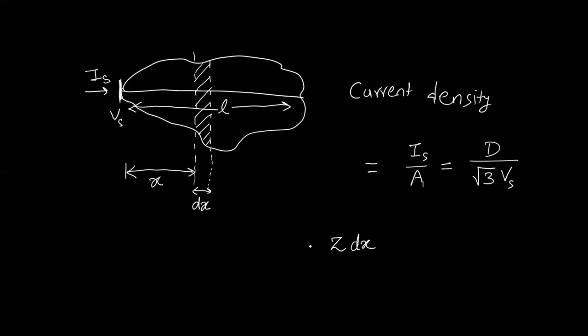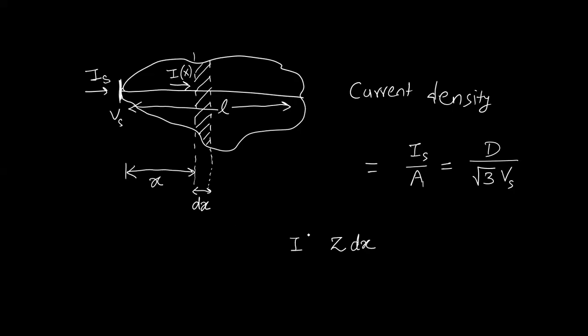When we multiply that by the current incoming to that section, let us denote it by I as a function of x.